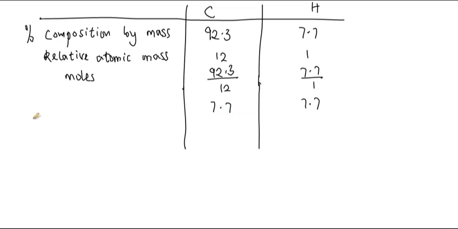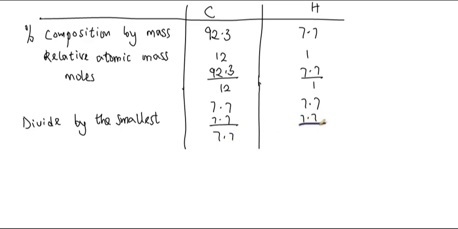So 7.7 divided by 7.7 gives 1.0, and 7.7 divided by 7.7 gives 1.0. The simplest ratio will then be 1:1.